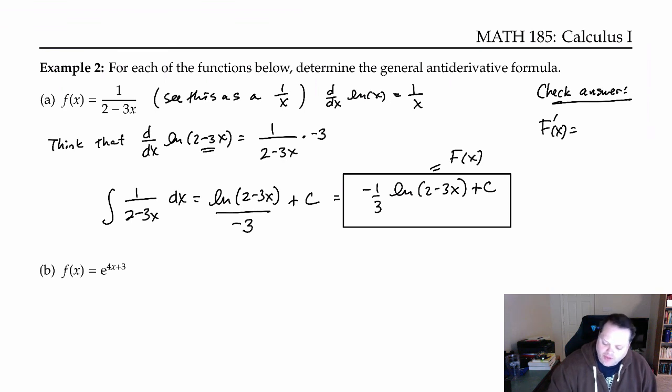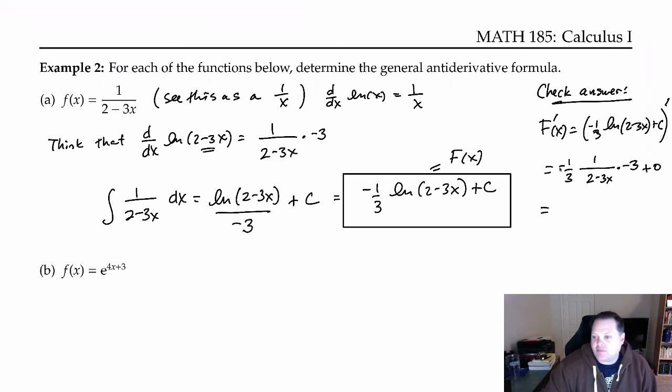So the derivative of this would be the derivative of negative 1/3 natural log of 2 minus 3x plus a constant. So that's what I'm differentiating. The derivative of natural log is 1 over whatever's inside it, but times the derivative of the inside, which, as we've already talked about, is negative 3. And then the derivative of the constant c is just 0.